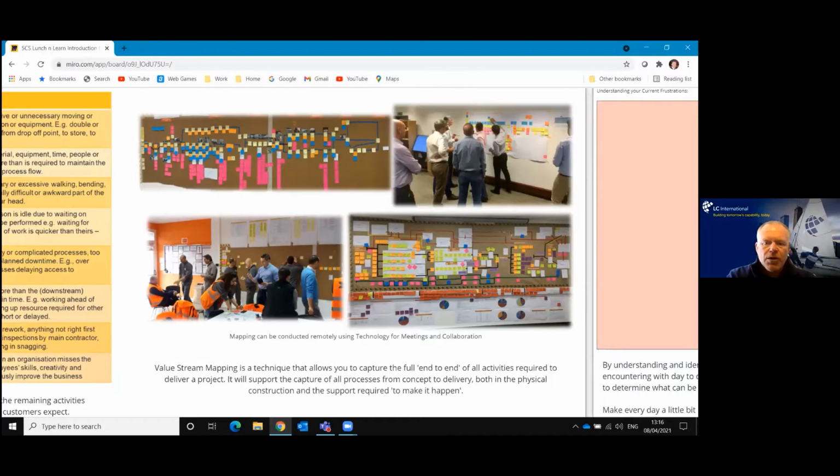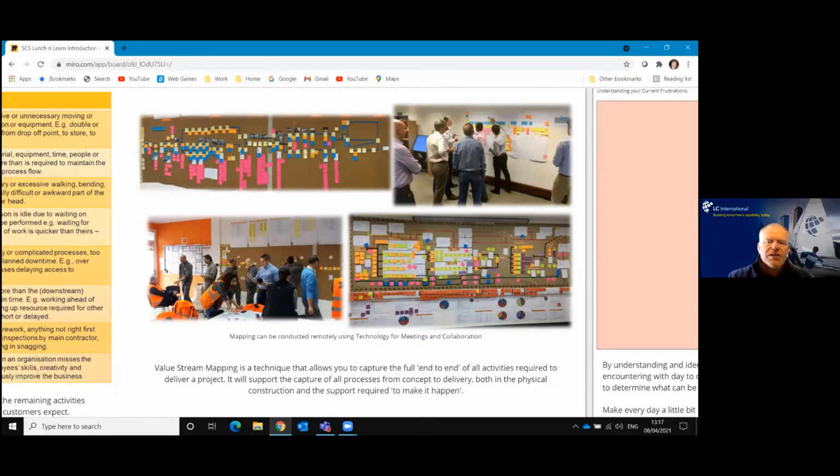We can see on the bottom right examples that there's some metrics and some charts, pie charts and bar graphs that start to identify where things are working well and where we need to focus our intention to improve. And this is all born out of our Go, Look and See to deeply understand and also identify where those wastes are hidden within our process.